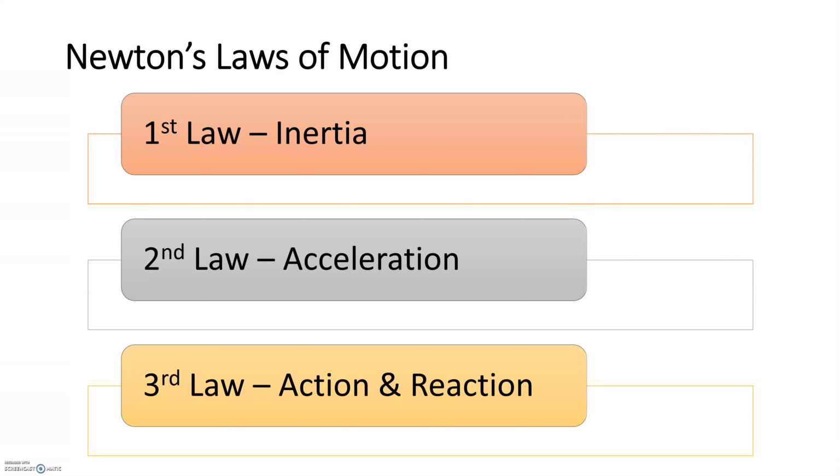Newton's second law is acceleration. The acceleration of a body is proportional to the force causing it, and the acceleration takes place in the direction in which the force acts. Acceleration is proportional to the size of the force, and the angle of the force also determines its acceleration.